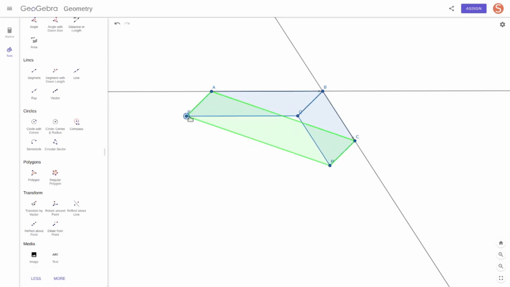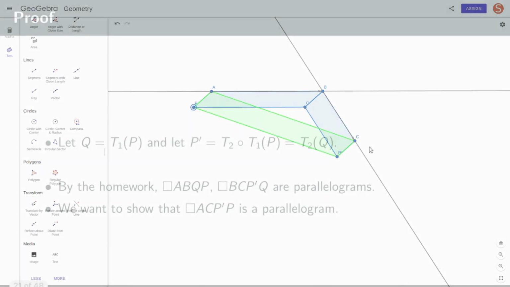And I'm going to move my points around so that they aren't crowding each other too much. So that's our goal, to show that AC P prime P is a parallelogram. And if we're able to do that, then we are done with the proof that P prime is the translate of P in the direction AC, which is what we want to show.